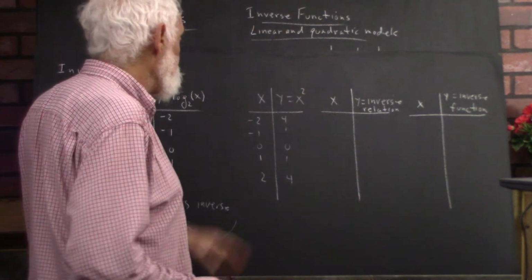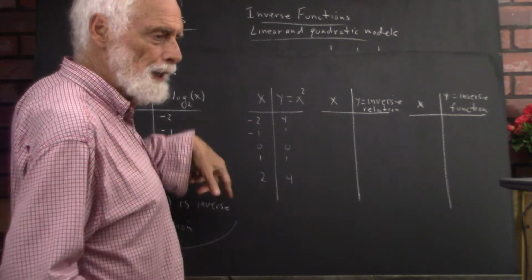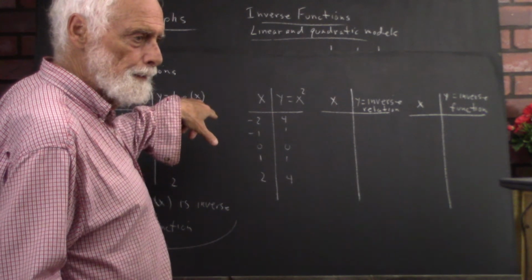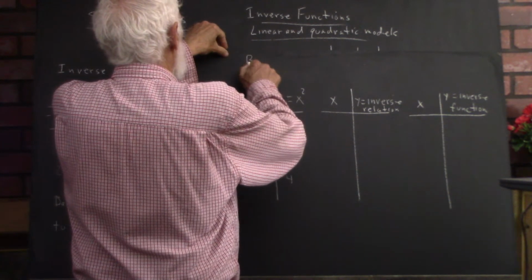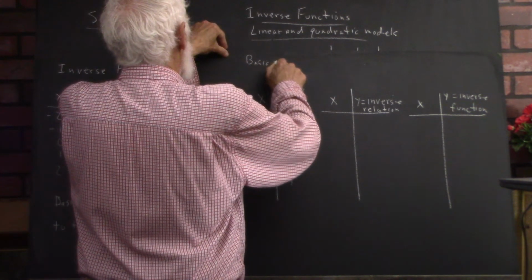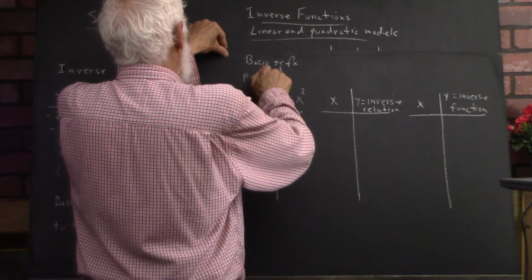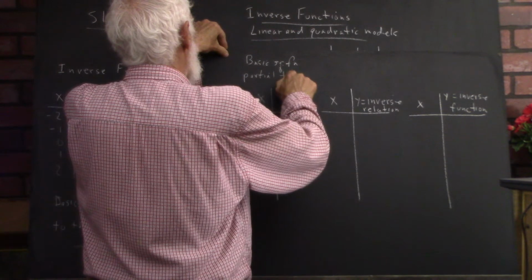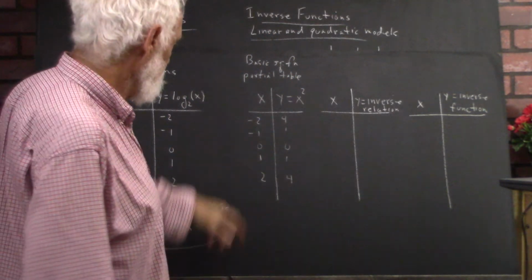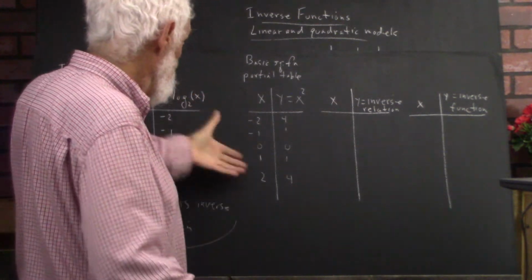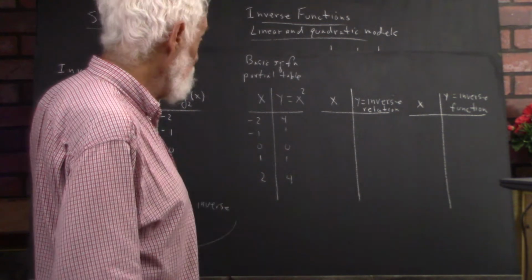Okay, now here we have the table, not the whole table, for the basic squaring function. This is your basic squaring function. It's a partial table, and you can fill in the rest, the -1/2 and the 1/2. Just for brevity, because you don't need to watch me do 7 points when I can do 5.